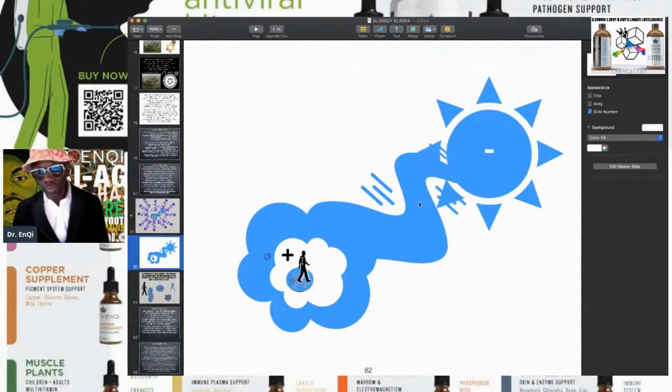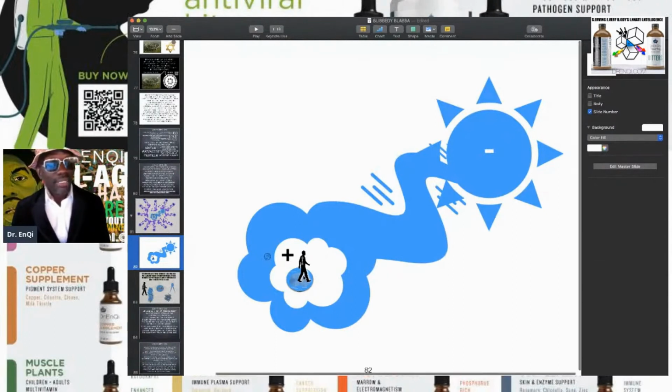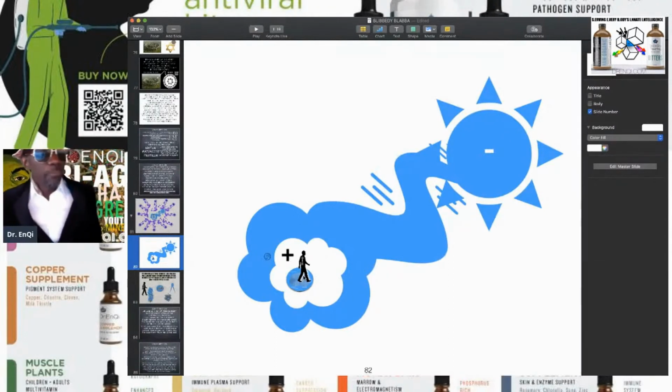Now, the sun has a negative charge, our atmosphere has a positive charge, and our earth gives off a negative charge, and that is the electromagnetism that actually keeps clouds in the sky that weigh the same as 100 elephants. You know what I'm saying? Like, these clouds are heavy.